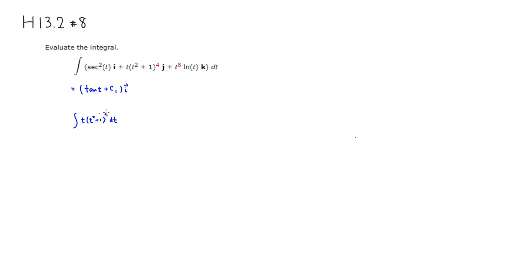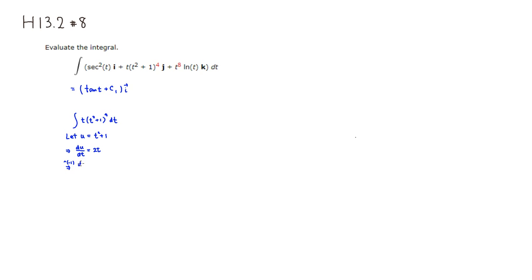So let's do this separately. I'm going to use a substitution. Let u be t squared plus 1. Then if you take the derivative of u with respect to t, you're going to get 2t. Then I'm going to take the reciprocal of both sides.